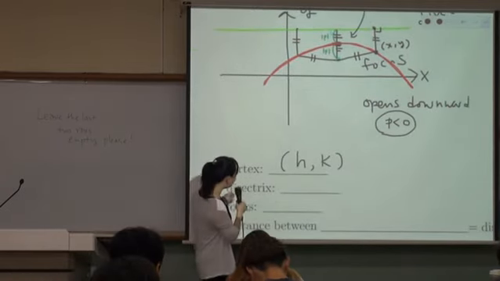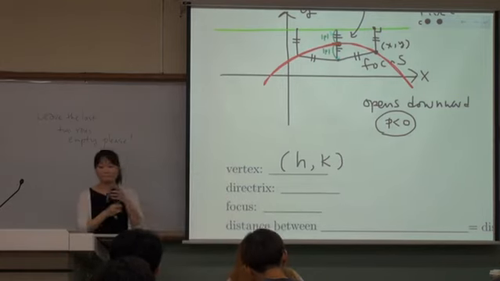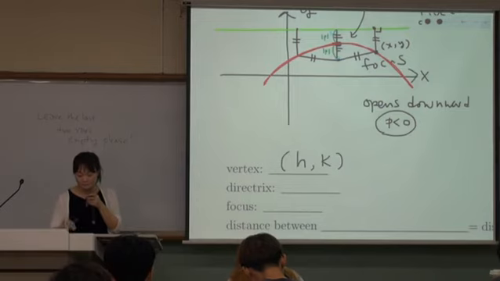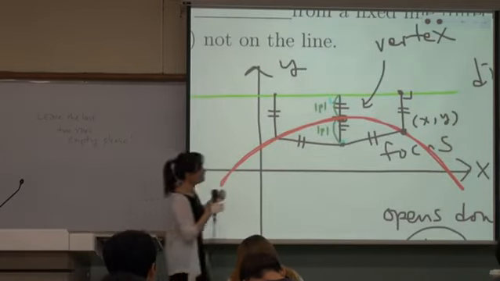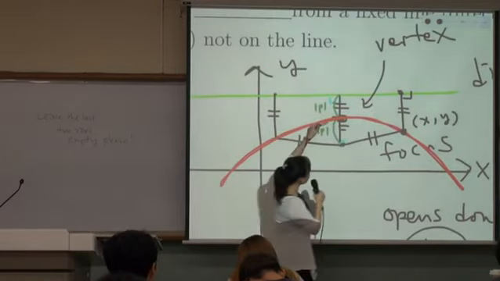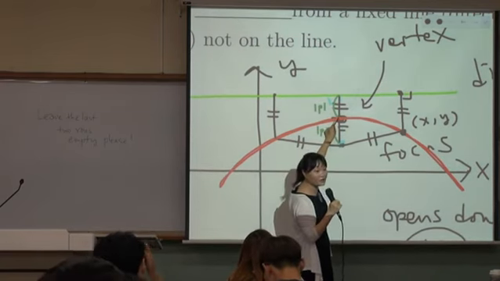Okay, guys, give me the equation of the directrix. What is this point? What's the name of this point? Vertex. What's the coordinate? h, k. Okay?